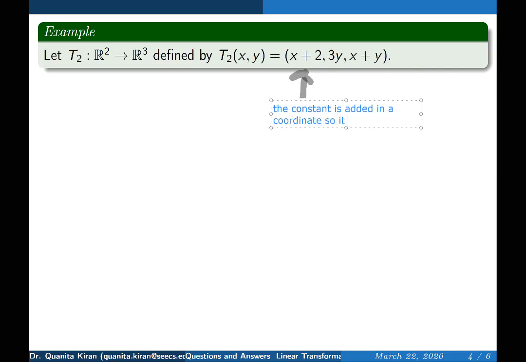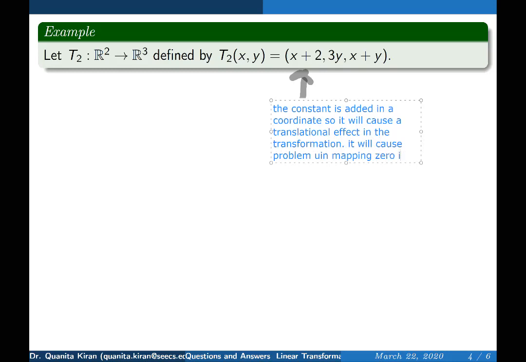So it will cause a translational effect in the transformation. And you know that when a transformation has a translational effect, then it will cause a problem in mapping the 0 vector into the 0 vector.